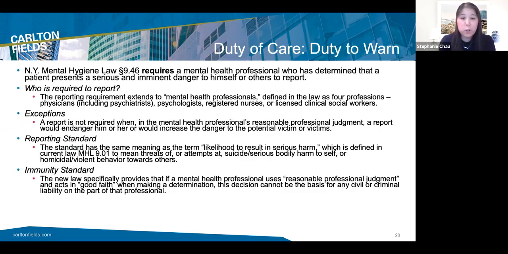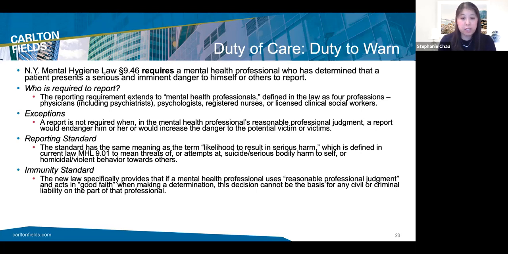Yeah, so New York's duty to warn is codified in Mental Hygiene Law 9.46, which requires a mental health professional who has determined that a patient presents, and this is the key language, a serious and imminent danger to himself or others, to report.